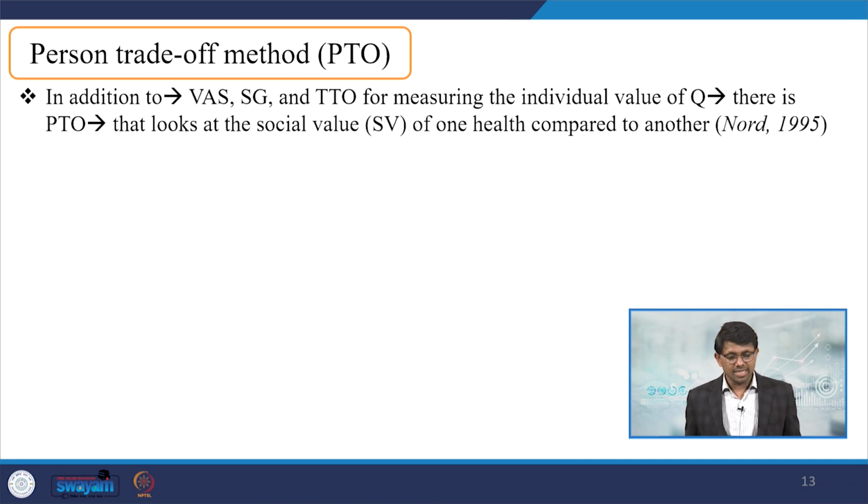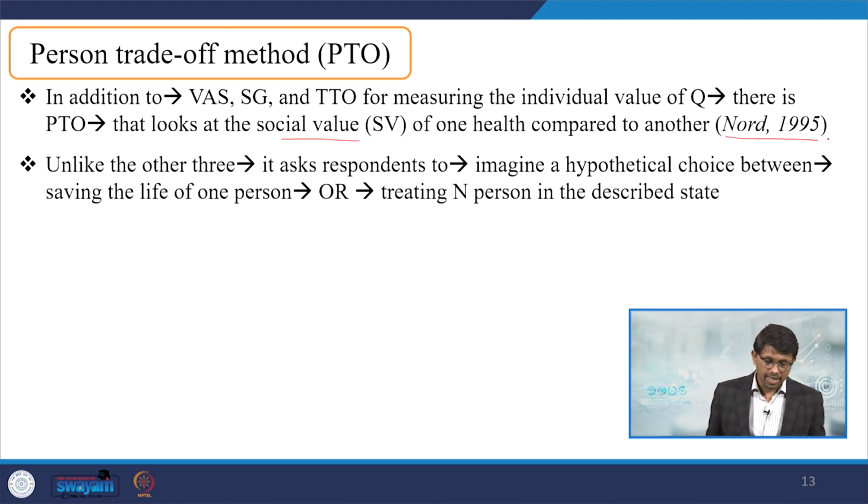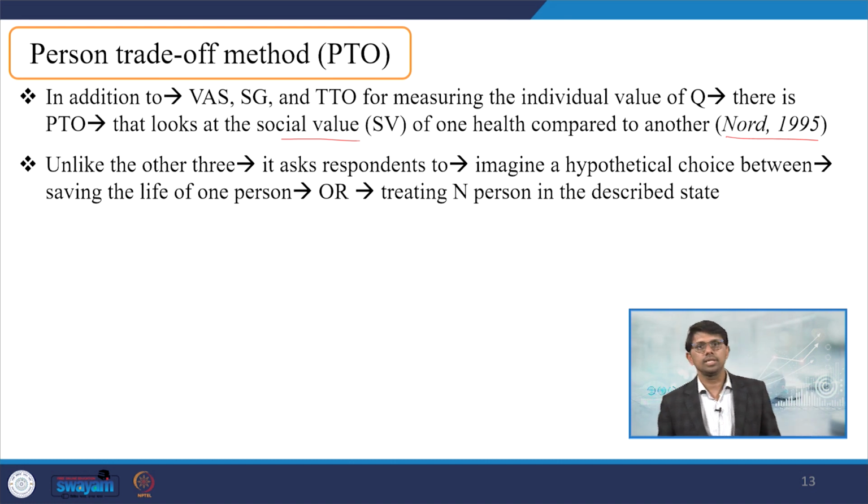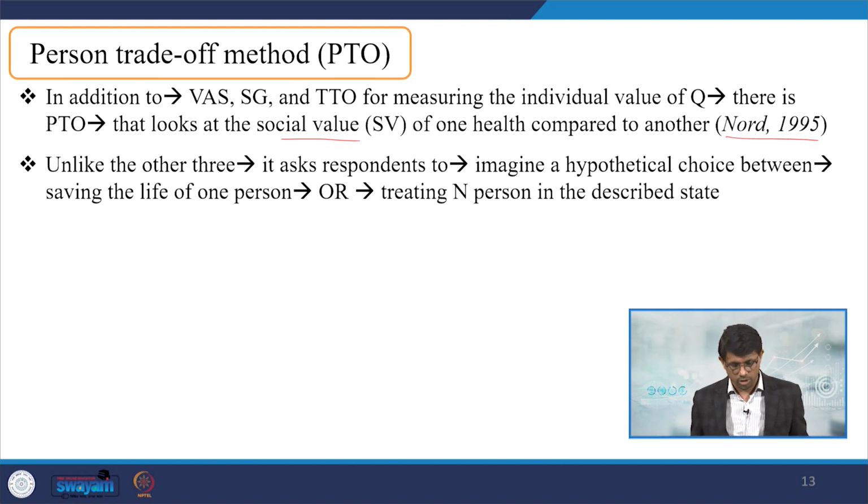In addition to these three techniques for measuring the individual value of QL, there is the PTO, person trade off method, that looks at the social values of one health state compared to another, as mentioned in the paper of 1995. Unlike the other three, it asks respondents to imagine a hypothetical choice between saving the life of one person or treating n persons in a described state.